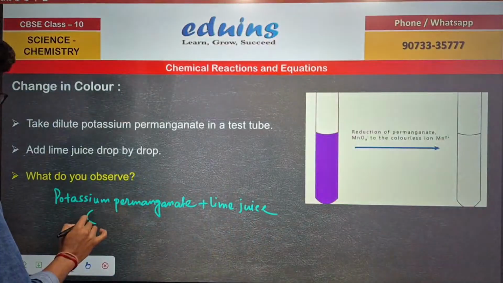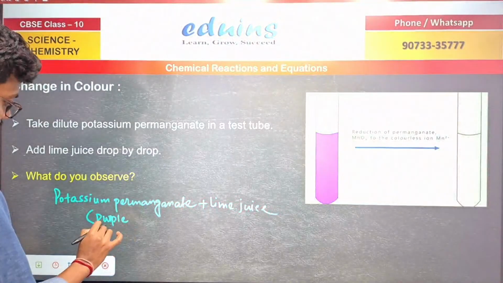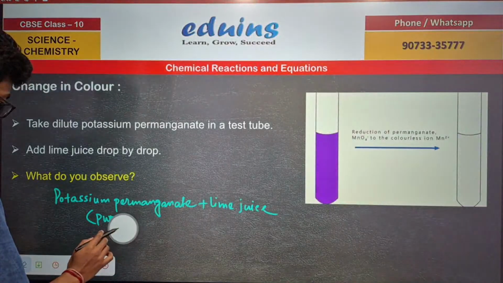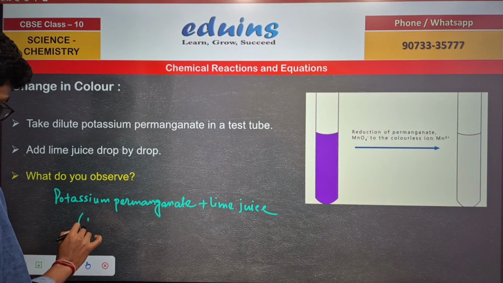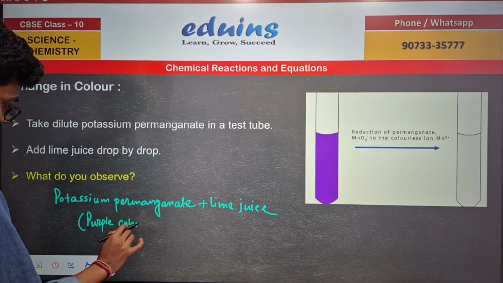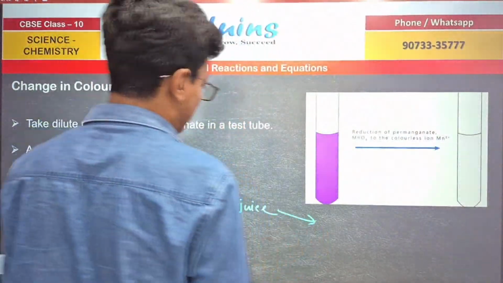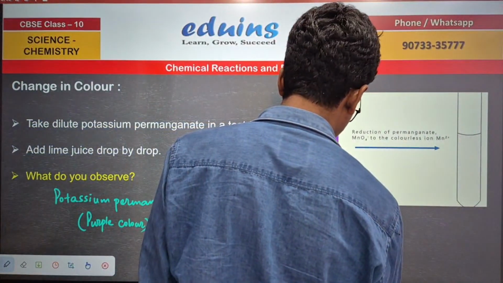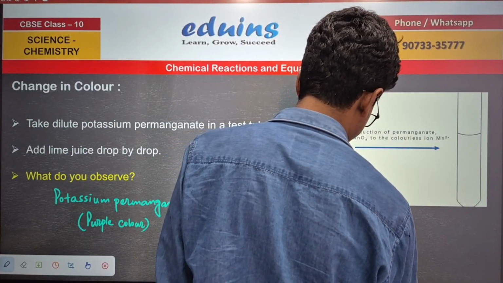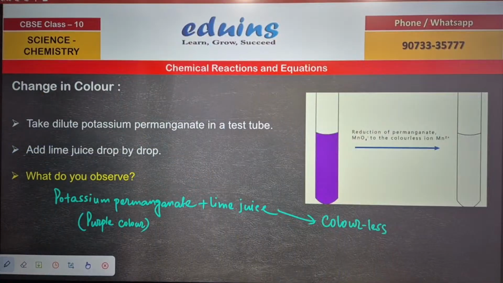Potassium permanganate is purple color. When the lime juice is added, it will become colorless. Clear? So this is the example of change in color in case of chemical reaction.